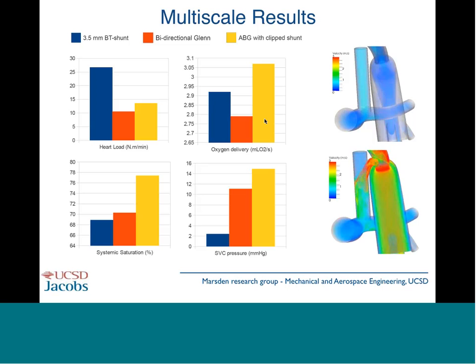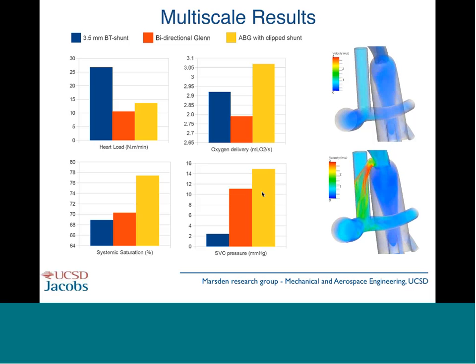We had the maximum oxygen delivery using the ABG and maximum systemic saturation compared to either the VT shunt or the Glenn, with the caveat that we are increasing the SVC pressure a little bit, and this may be undesirable. It's something that needs to be studied further.